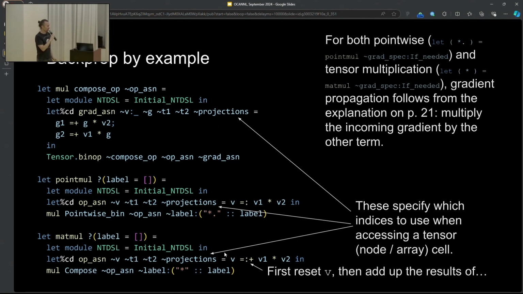And for the backprop pass, to compute the gradients, we multiply the incoming gradient by the value of the other tensor. And that follows quite easily from the differentiation calculus. That's on page 21.